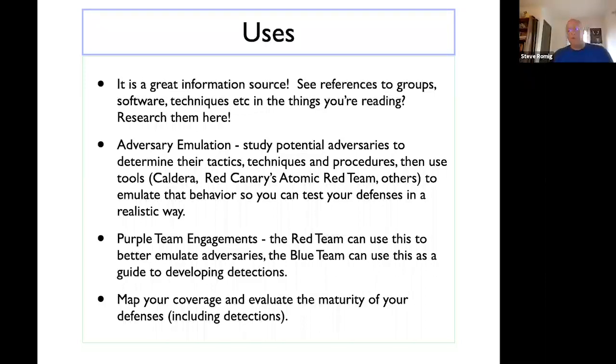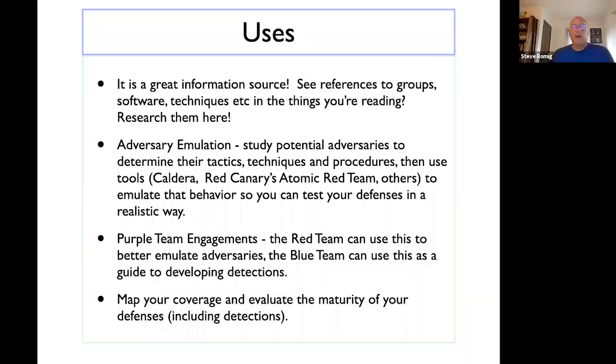The red team tests these things to see what doesn't work, and the blue team works with what they have visibility into to try to detect and stop the red team. And the overall work of all of this is to improve your defenses. But MITRE ATT&CK can facilitate this because, again, we can emulate adversarial behaviors and use this to both prioritize our work, but also to just do more realistic testing.